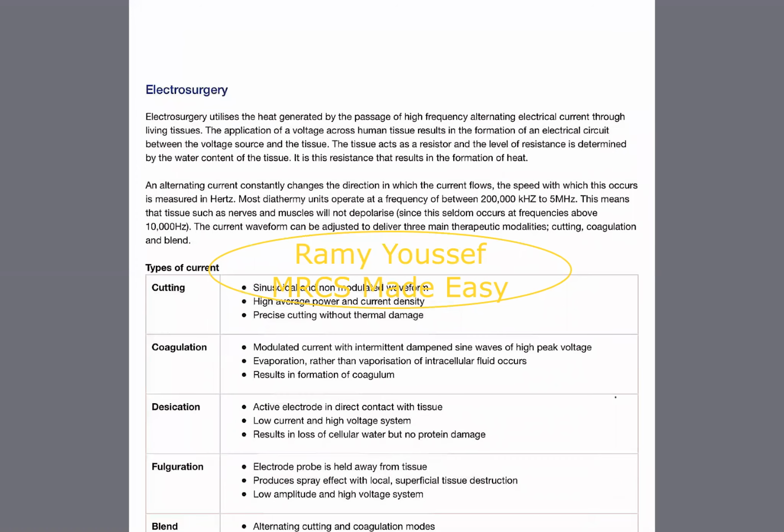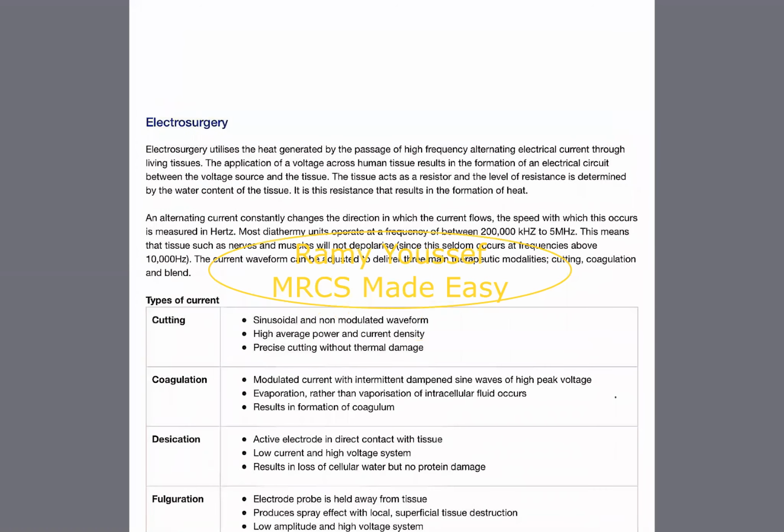We have two pairs: cutting and coagulation, dissection and fulguration.